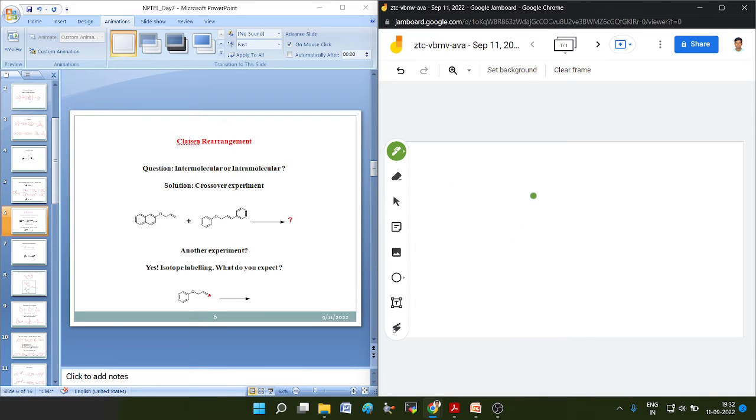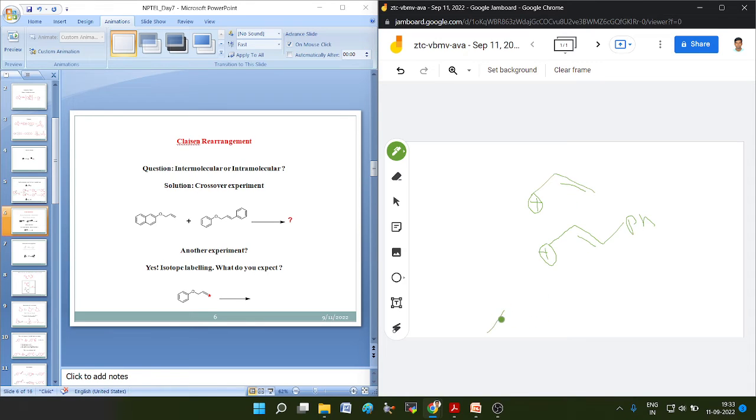If there is a fragmentation, we will have this allyl cation. So there will be this charge from the first reactant, and from the second part we will have this, and then this. So these two will be formed if it is following the green pathway which I showed earlier.